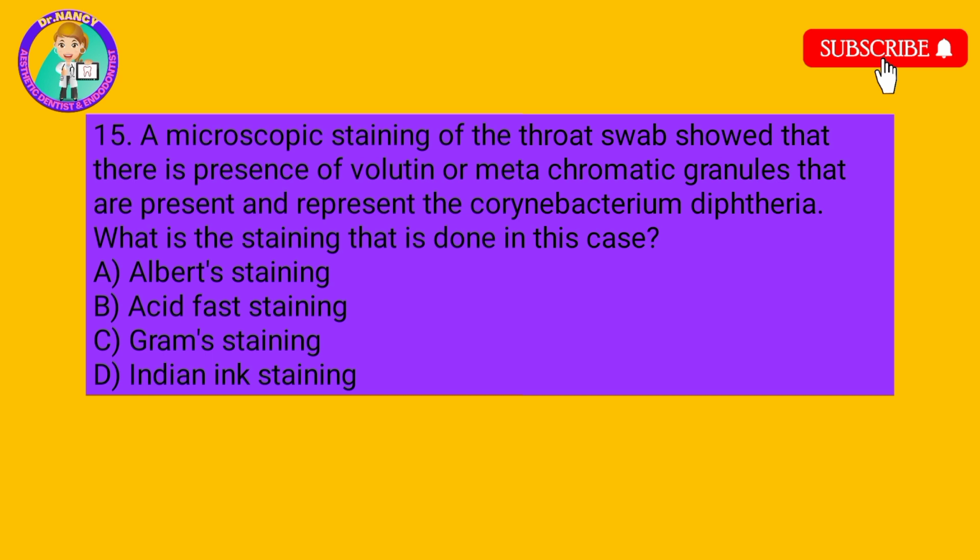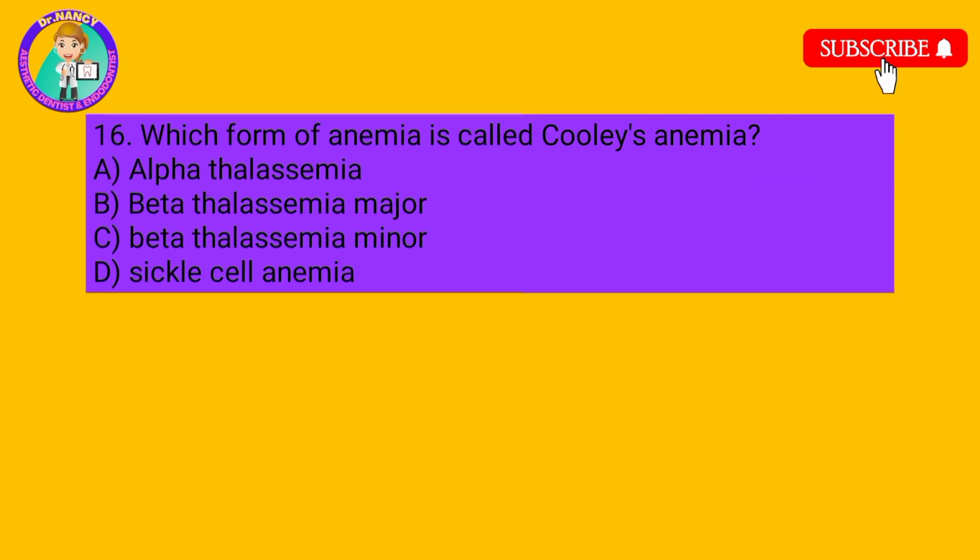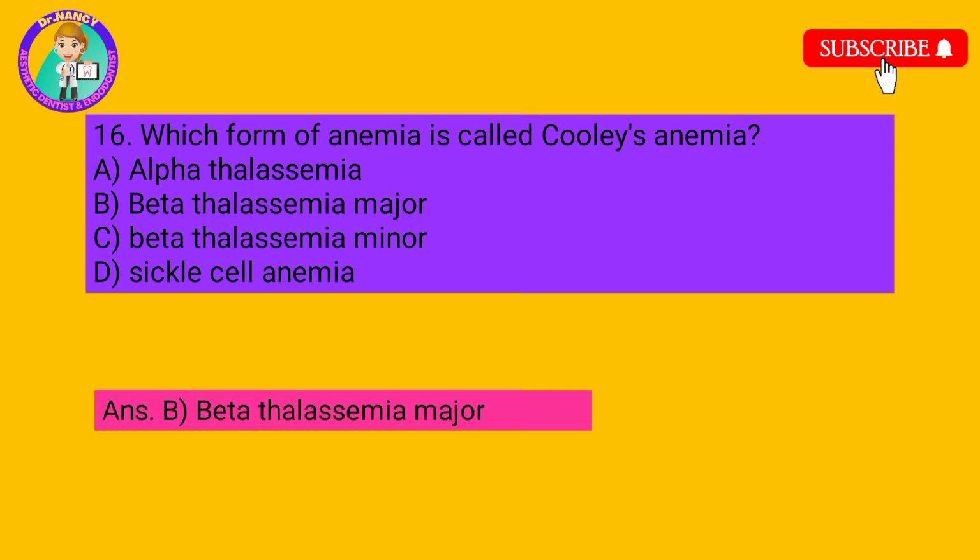A microscopic staining of the throat swab showed that there is presence of volutin or metachromatic granules that represent the Corynebacterium diphtheriae. What is the staining that is done in this case? Albert staining, acid fast staining, Gram staining, India ink staining. Answer: Albert staining. Which form of anemia is called Cooley's anemia? Alpha thalassemia, beta thalassemia major, beta thalassemia minor, sickle cell anemia.